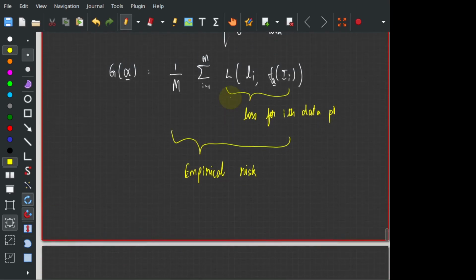So the optimization problem in this case is the following: compute alpha star, which is argmin over all possible alpha of g of r, right?